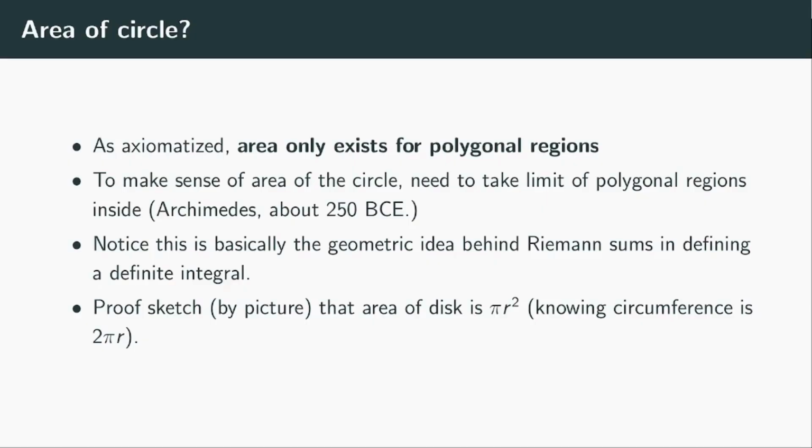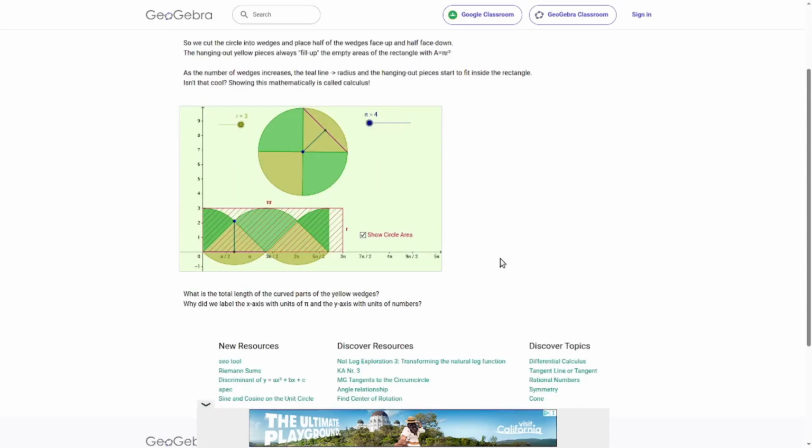Now let's take a quick look at a GeoGebra demo that gives us a proof by picture that the area of the disk of radius r is pi r squared. We're going to assume that we already know that the circumference of the circle is 2 pi r. So here is the demo.